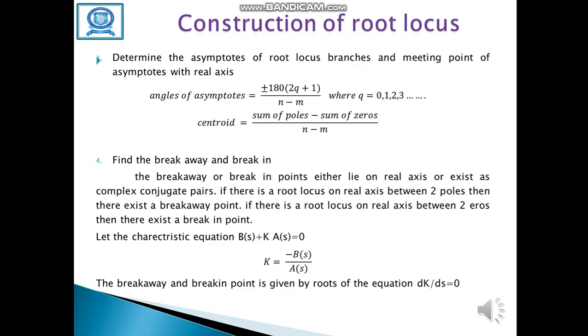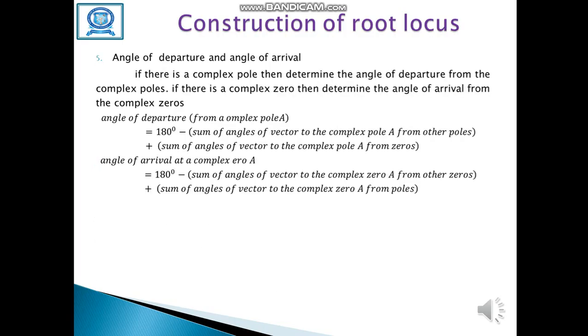Let the characteristic equation be B(s) + K A(s) = 0. From this, K = -B(s)/A(s). The breakaway and break-in points are given by the roots of the equation dK/ds = 0.